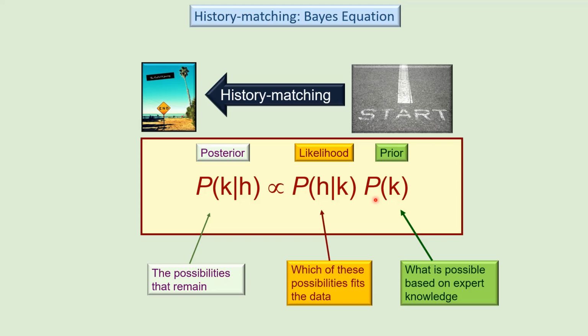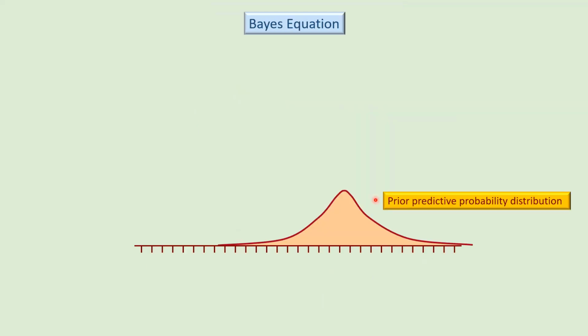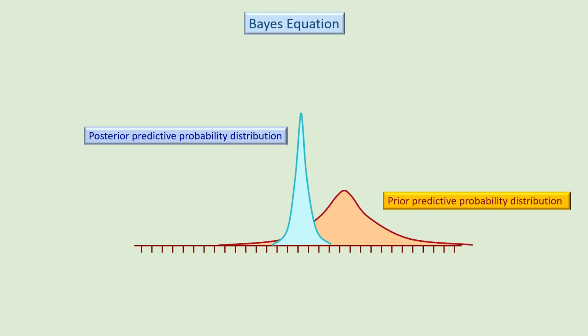History matching at best can reduce the uncertainties of some decision critical model predictions, but those uncertainties may still be high. So Bayes' equation says that we start with uncertainty, the prior probability distribution, and we finish with uncertainty, the posterior probability distribution.